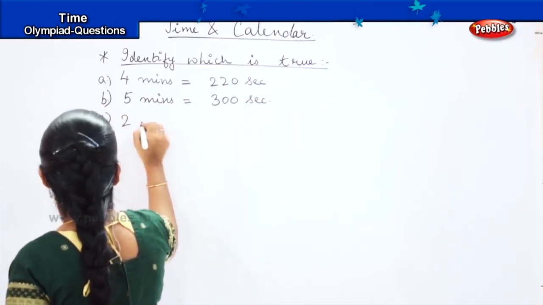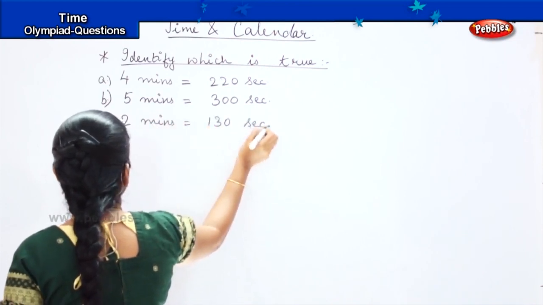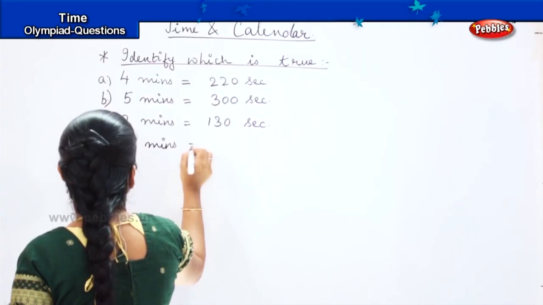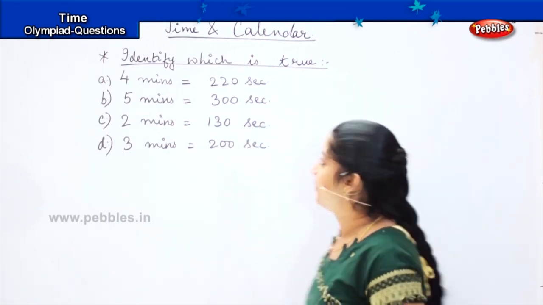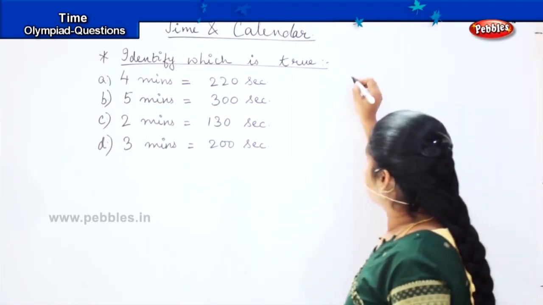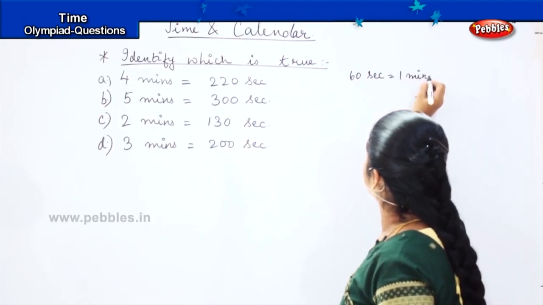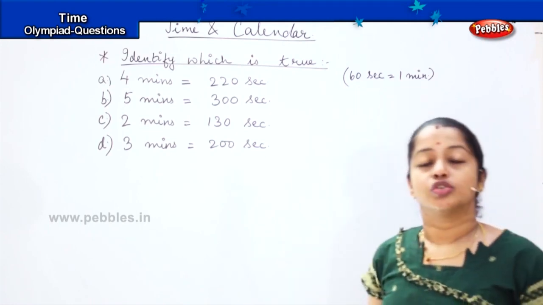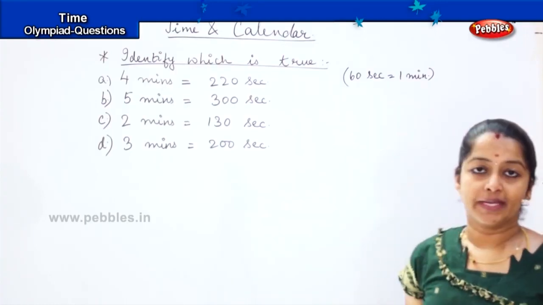The next one I say 2 minutes is equal to 130 seconds. And the last one I say 3 minutes is equal to 200 seconds. So now you have to identify the correct statement. We all know that 60 seconds is equal to 1 minute. Whenever you are solving such problems, always write the formula beside you so that it's easy for you to do the calculation.